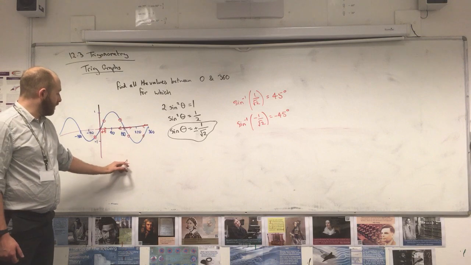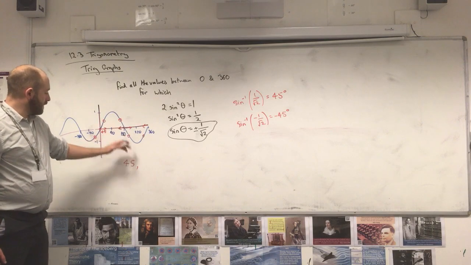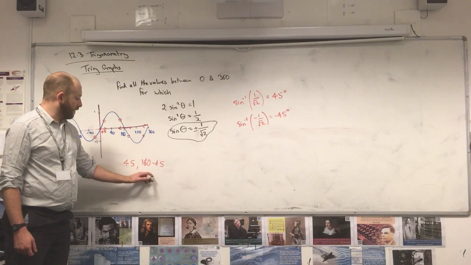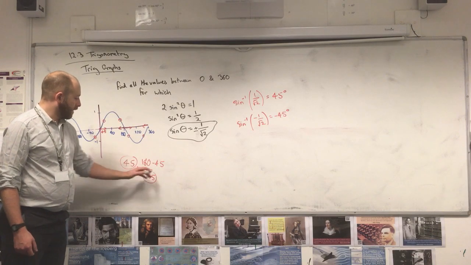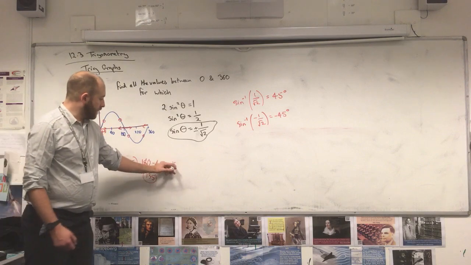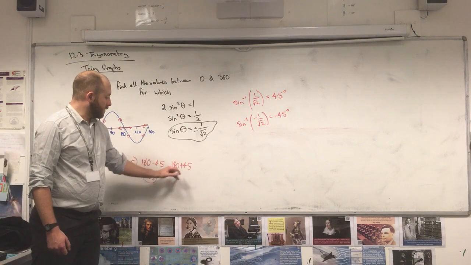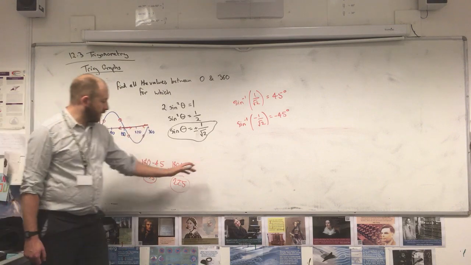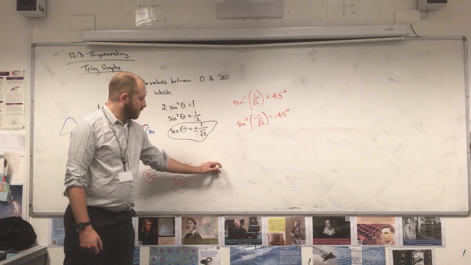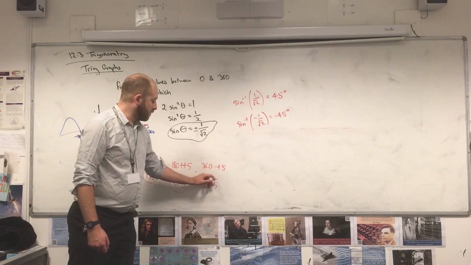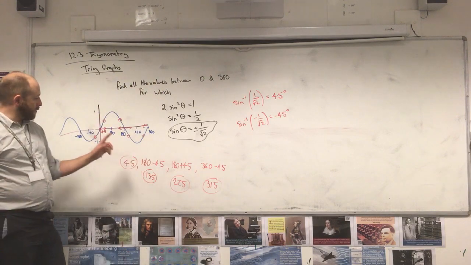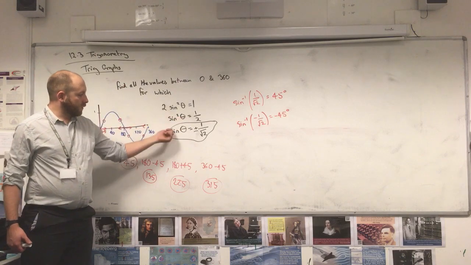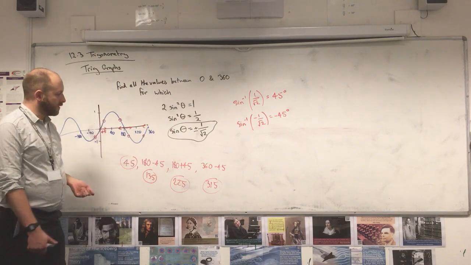So we're going to get 45, we're going to get 180 minus 45, which is 135, we're going to get 180 plus 45, which is 225, and we're going to get 360 take 45, which is 315. So there are 4 angles between 0 and 360 for which sine squared theta is a half, or sine theta is plus or minus 1 over root 2.